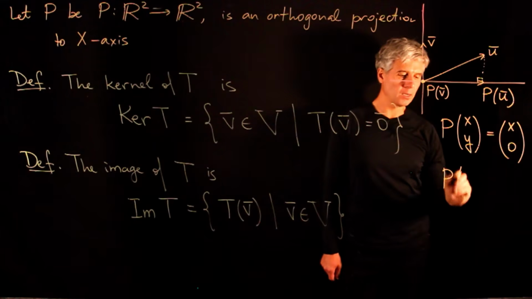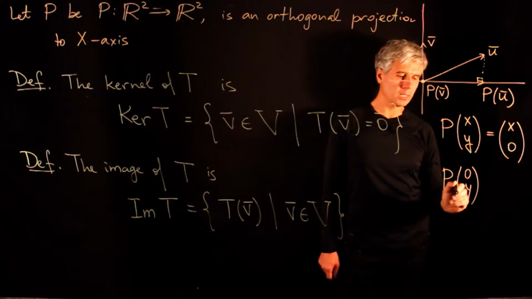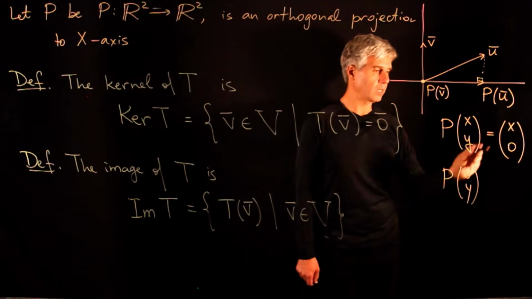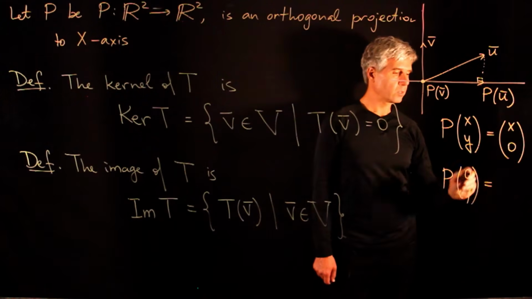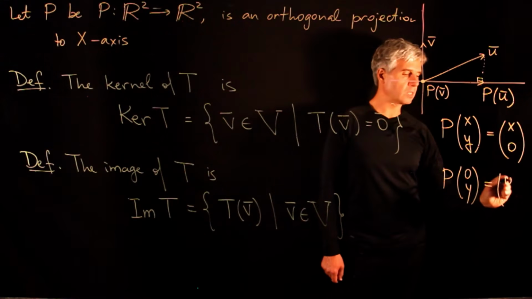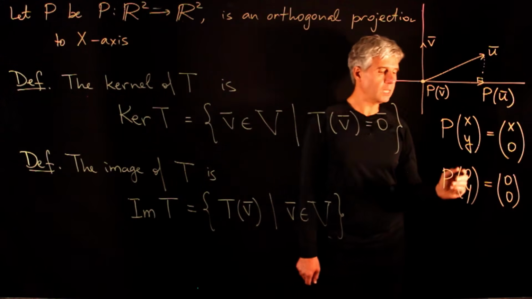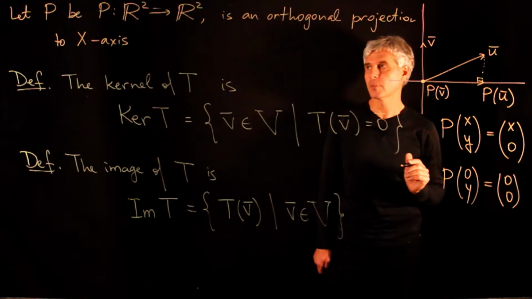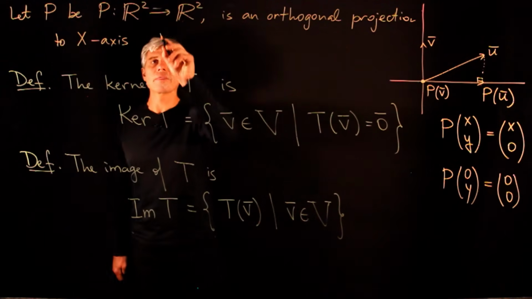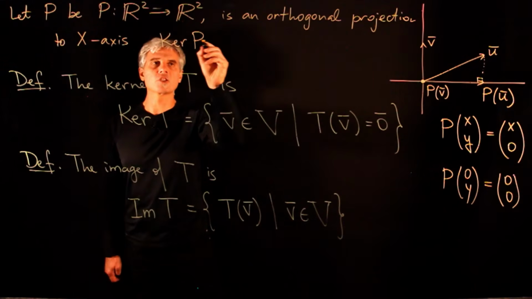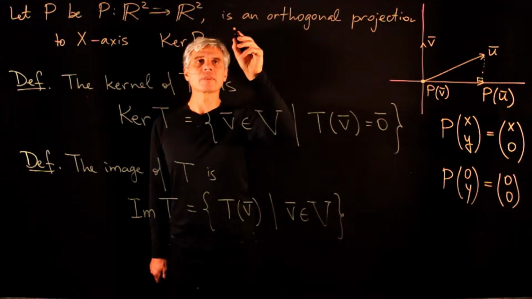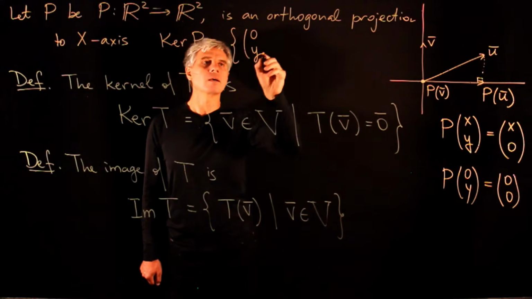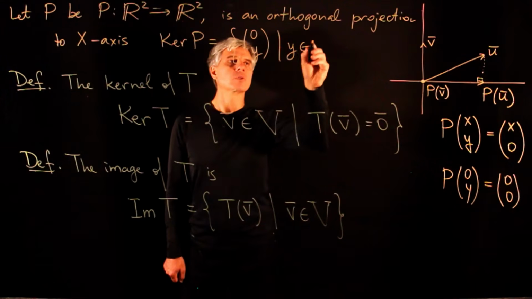For example, P of (0, y), right? This is a vector on the y-axis, so it has 0 x coordinate. According to our formula, this projection will be (0, 0). And so every vector of the form (0, y) projects to the zero vector. So the kernel of this projection is the set of vectors of the form (0, y), where y runs over real numbers.